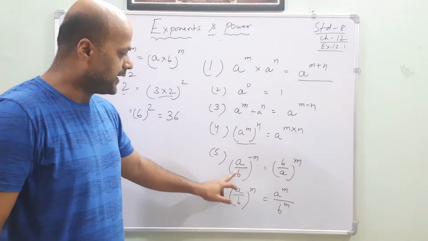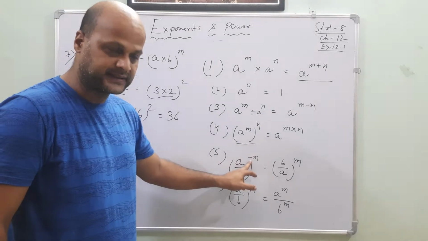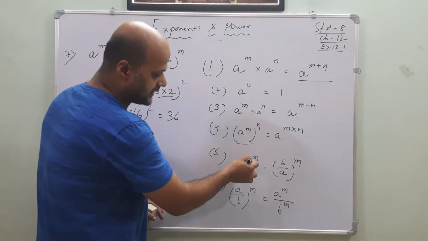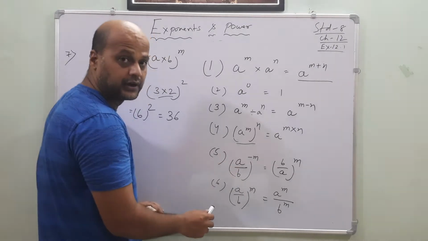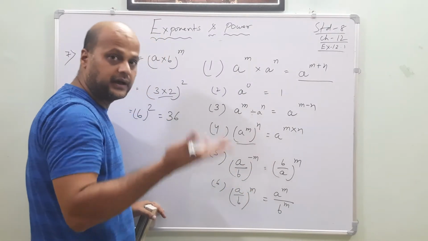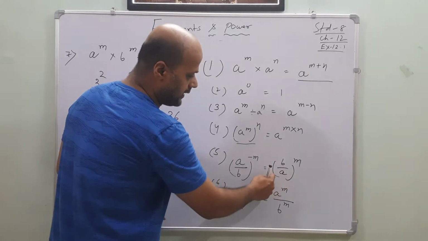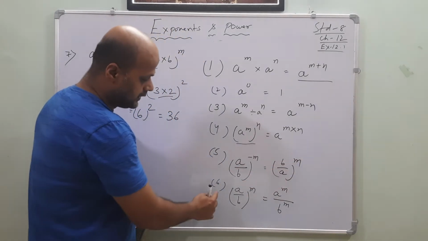Next, a by b whole power of minus m means if minus is there in the power, then inside the bracket whatever is there, you have to make the reciprocal: b by a whole power of m.